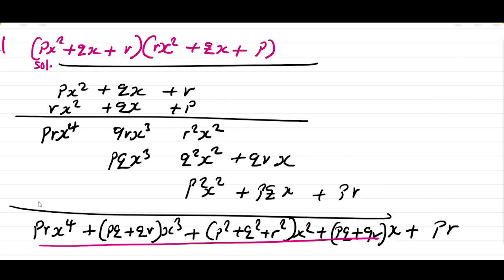Now the interesting fact is, how easy do you think this method is? I want you to answer the question, how easy do you think the long rule of multiplication is? You can give us your answer in the comment box.